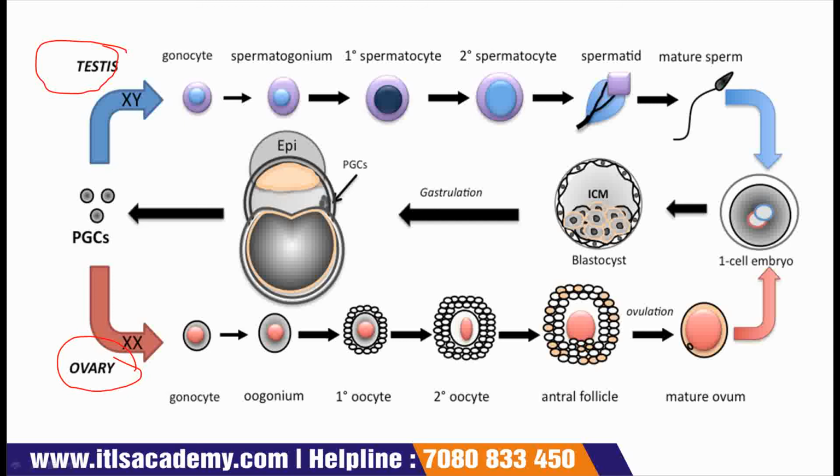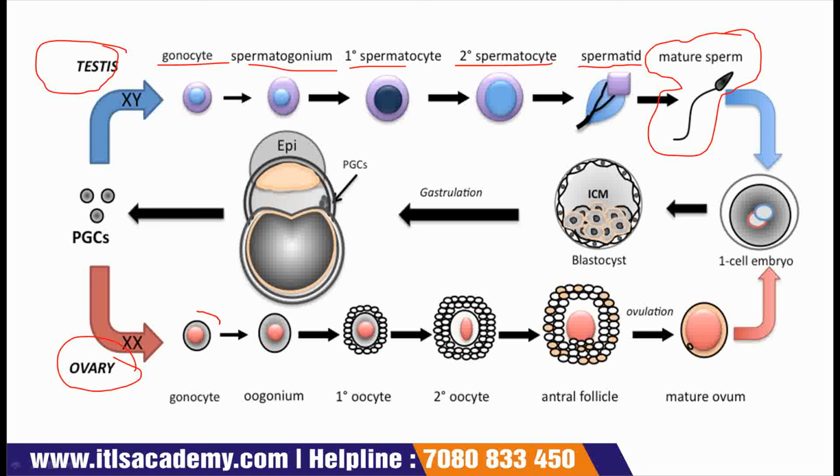In the testes, first cell is the gonocyte. This gonocyte forms spermatogonium. This spermatogonium produces primary spermatocyte, and this primary spermatocyte forms secondary spermatocyte. This secondary spermatocyte forms spermatid, and this spermatid forms mature sperm. Let us stop at this point and let us see what is happening in the ovary.